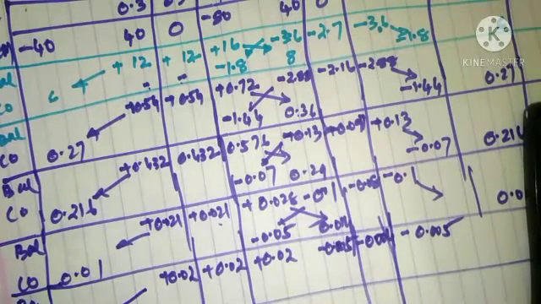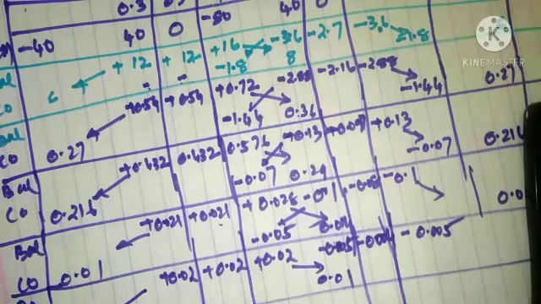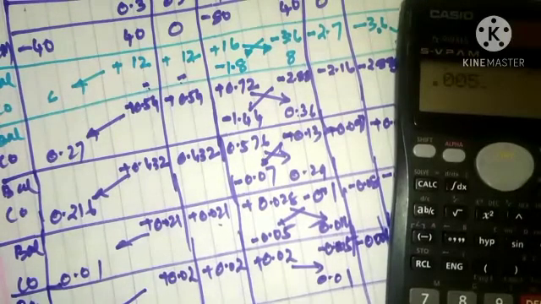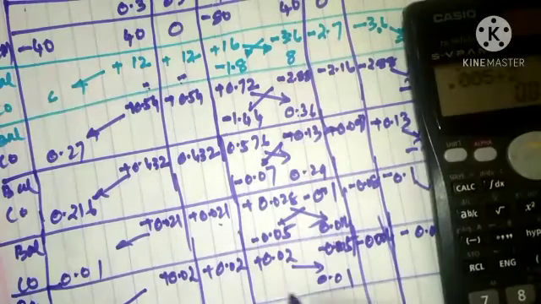Half of the moment will be transferred as 0.01. Similarly, here it will be 0.01. 0.005 divided by 2 shall come as 0.0025.